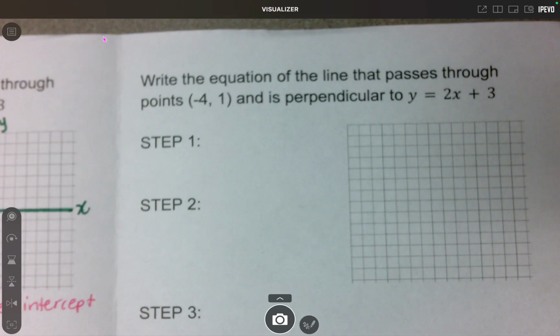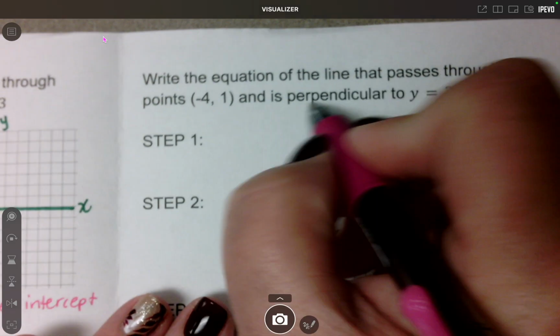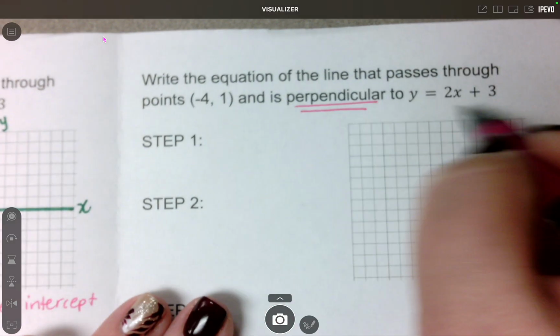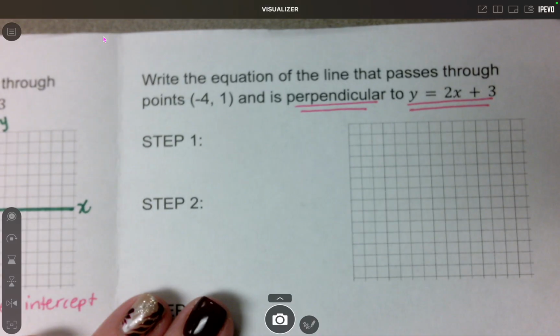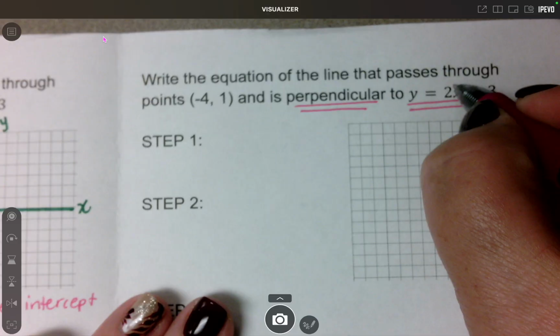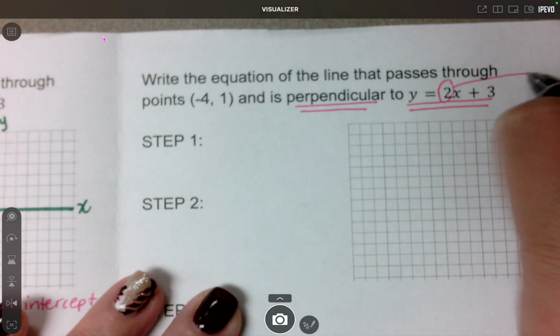It says, write the equation of the line that passes through points negative 4, 1 and is perpendicular to the equation y equals 2x plus 3. If I'm making it perpendicular, I can tell you that right here is my slope, 2 over 1.